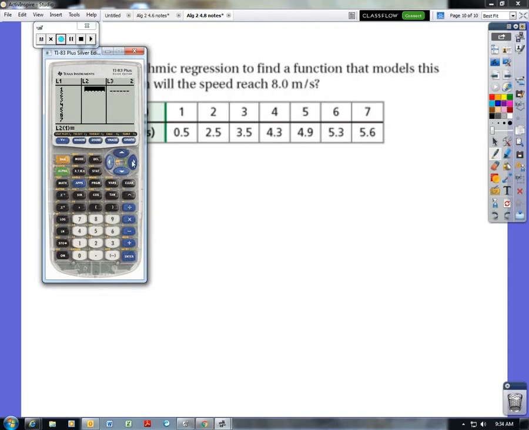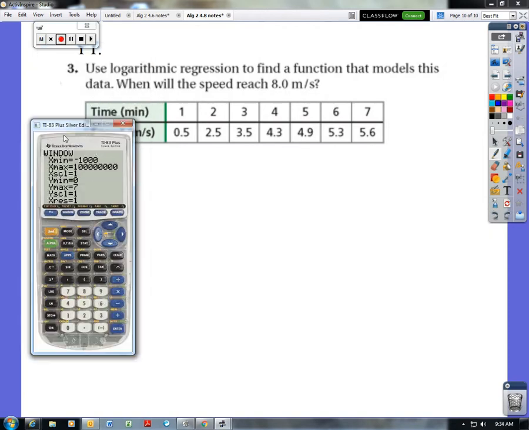And our y's 0.5, 2.5. Okay, so our data has been entered. And let's change the window so we can look at our data.